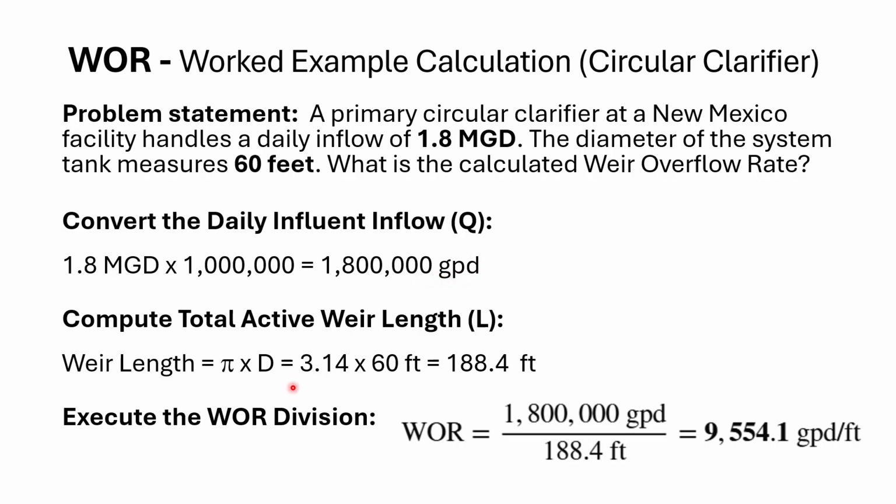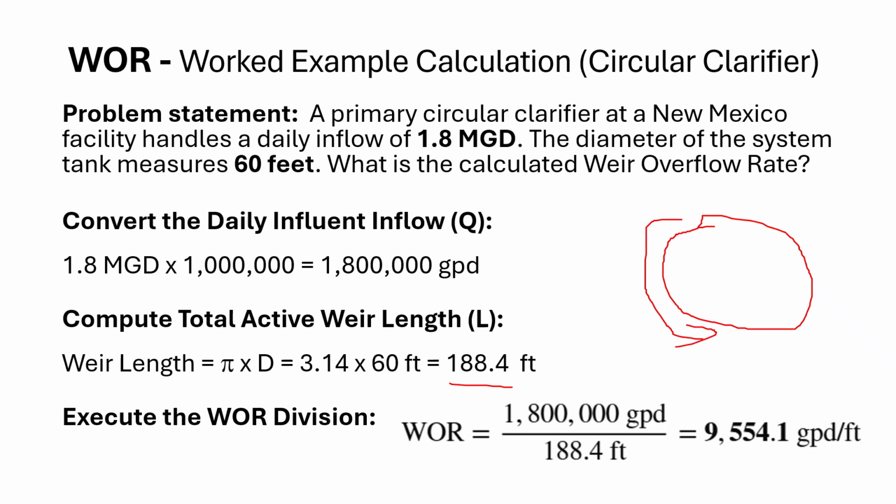Then we want to compute the total active weir length, L, which is basically pi, or 3.14, times the diameter of 60 feet, and that's 188.4 feet. What that basically means is, it's not going to be a perfect circle, but the path around that clarifier is 188 feet if you were to walk all the way around it.